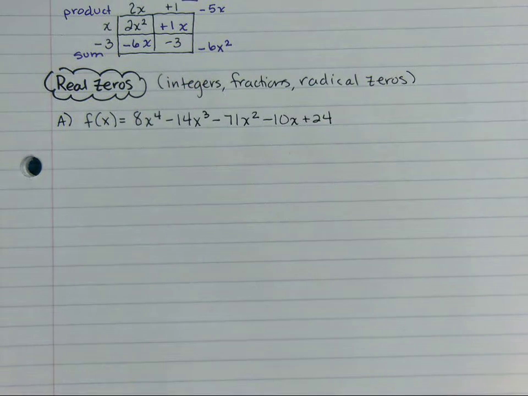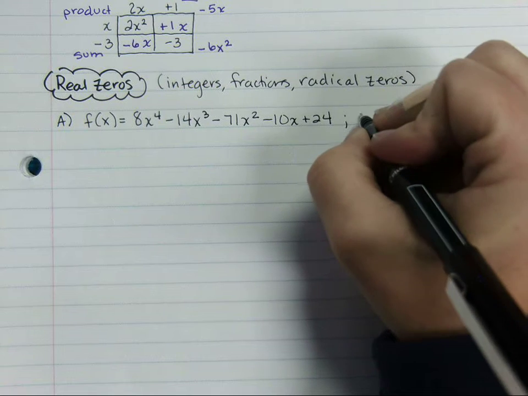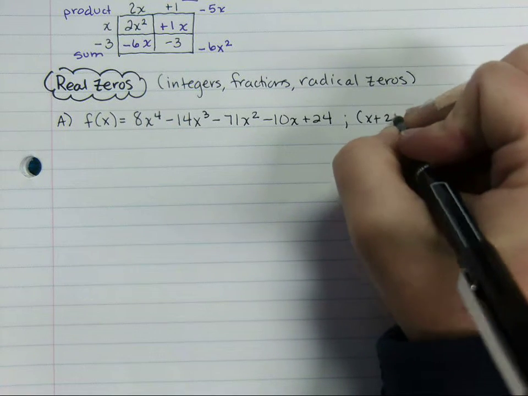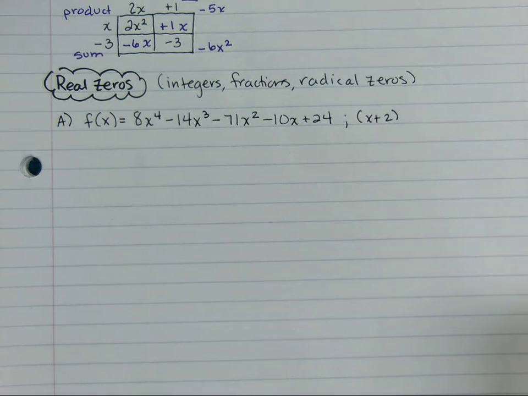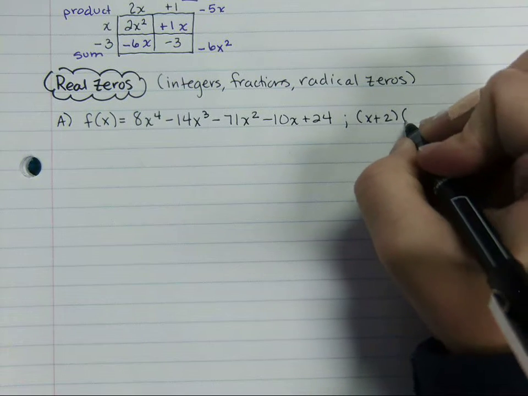And now, since you have a fourth degree polynomial, I have to give you two factors instead of one. So we're going to be given that one of the factors is x plus 2. And another one of the factors is x minus 4.